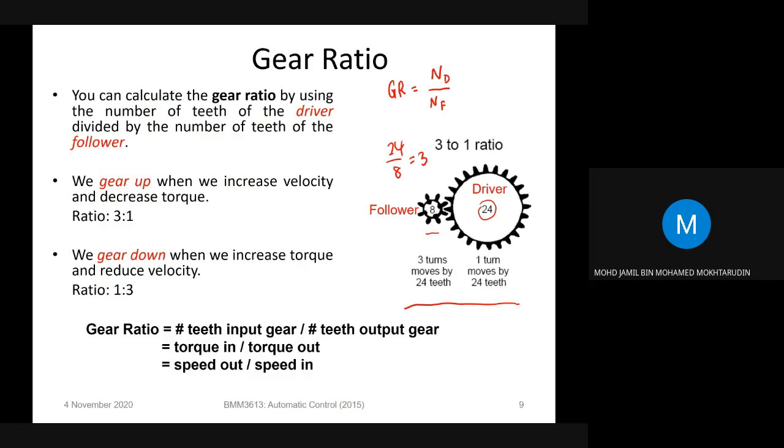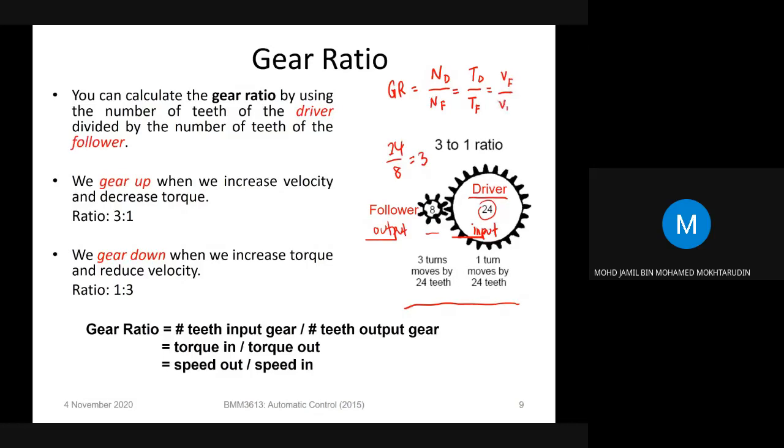Nantilah ini. Gear ratio basically is number of teeth of input gear divided by number of teeth of output gear. Okay, so basically driver here is your input gear, and follower here is your output gear. So number of teeth of driver divided by number of teeth of follower also equals torque of driver divided by torque of follower, and also equals speed of follower divided by speed of driver.